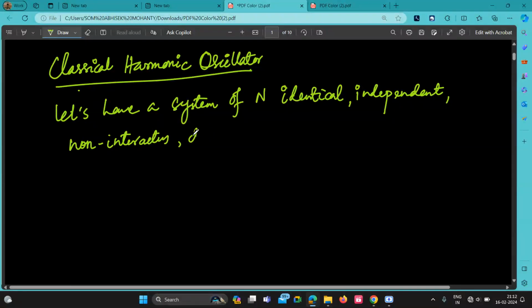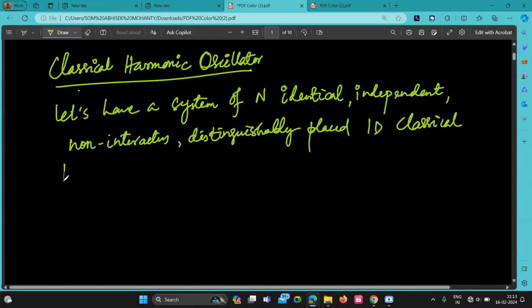So you can see classical harmonic oscillator.